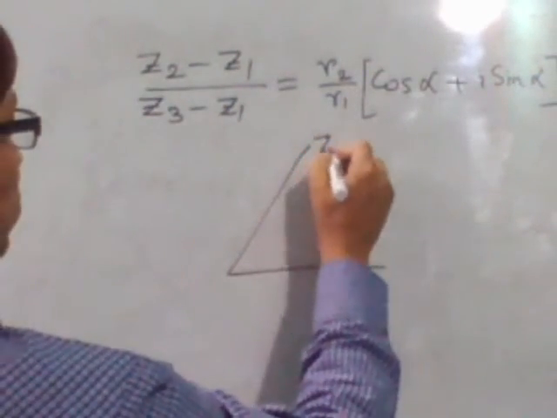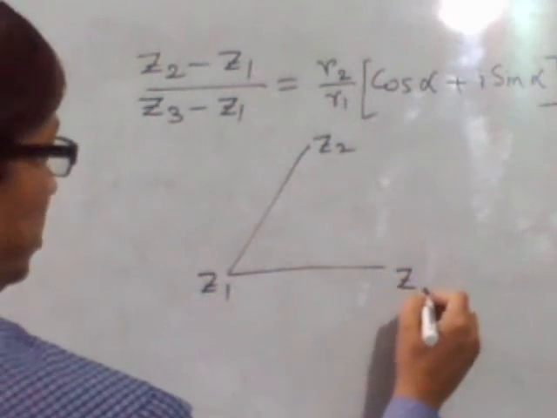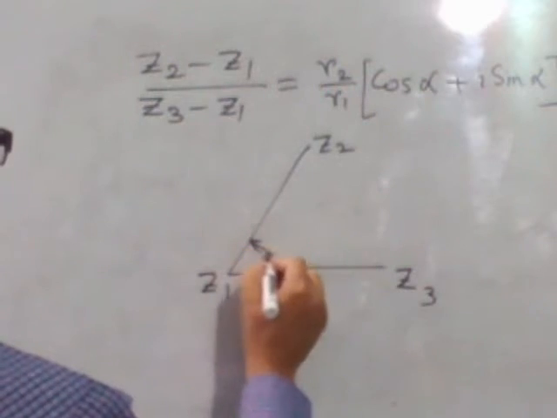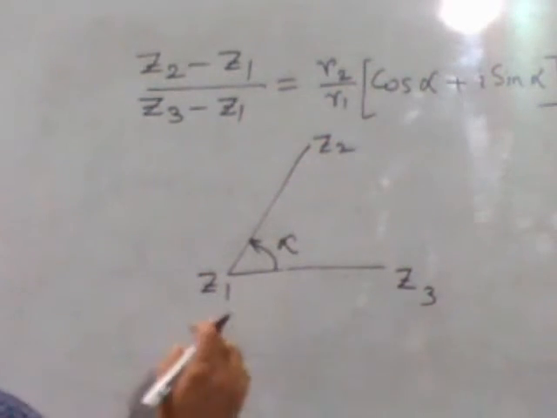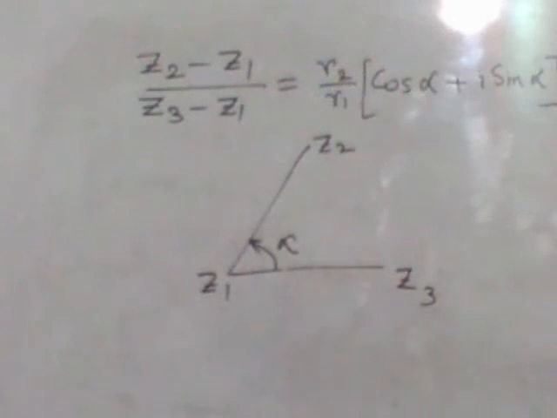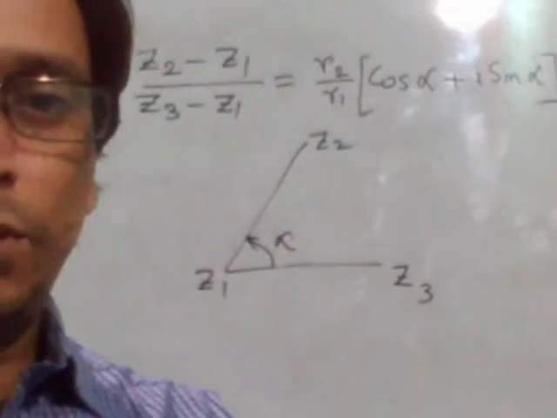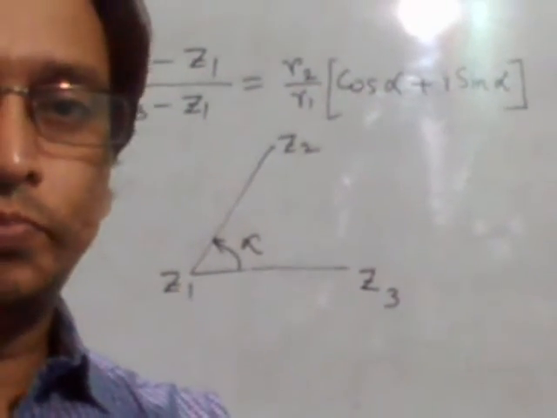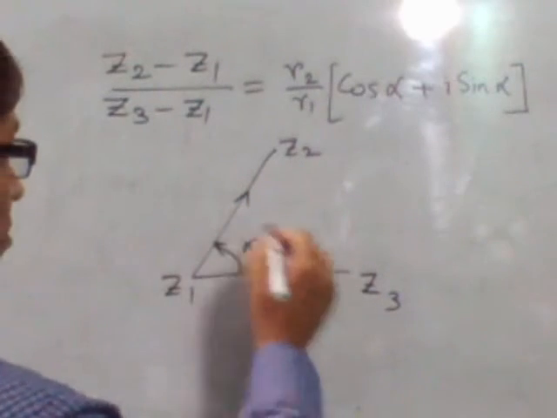Say this is Z2, this is Z1, this is Z3, and this is the angle alpha. So Z2 minus Z1 by Z3 minus Z1 gives cos alpha plus i sin alpha, where alpha is the angle between this vector and this vector.